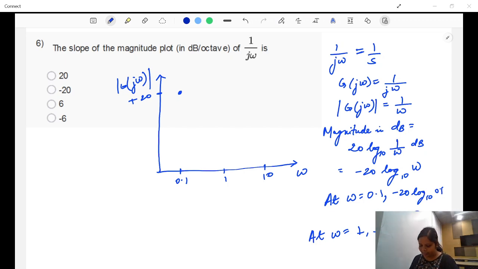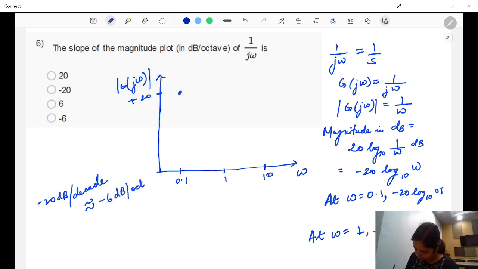I want to tell you that this minus 20 dB per decade is equivalent to minus 6 dB per octave. Usually in all the examples you will be dealing with decades only. If you are well versed with decades, you will be able to answer in octave also. I'm solving it in decade form and both are equivalent.